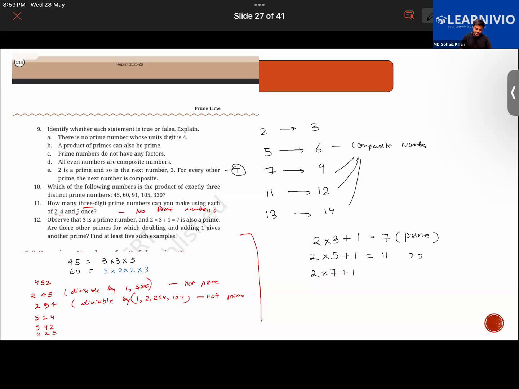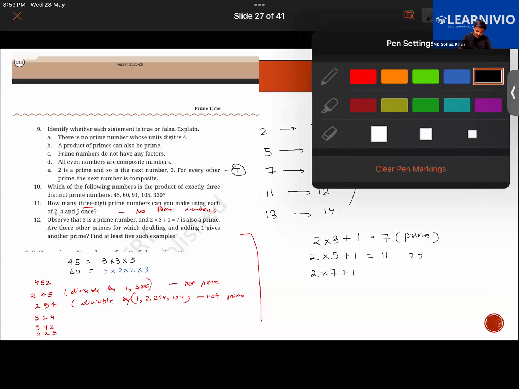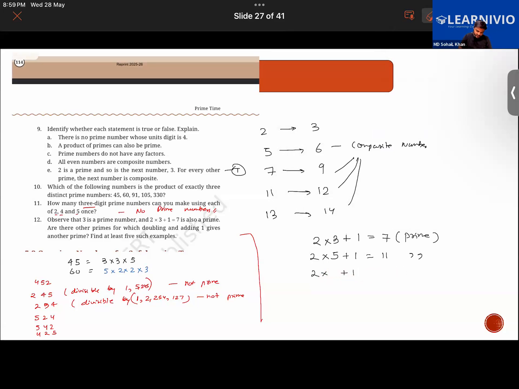But instead of 7, if we take another prime number like 11, it is possible. 2 multiplied by 11 is 22, plus 1 is 23, which is also a prime number. After 11 we have 13. But 2 multiplied by 13 plus 1 gives you 27, which is not a prime number. So this one is not possible.